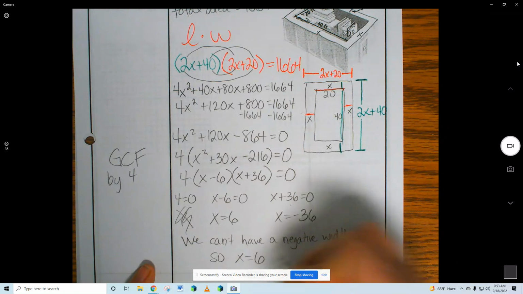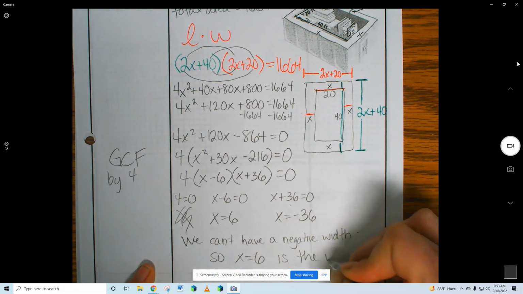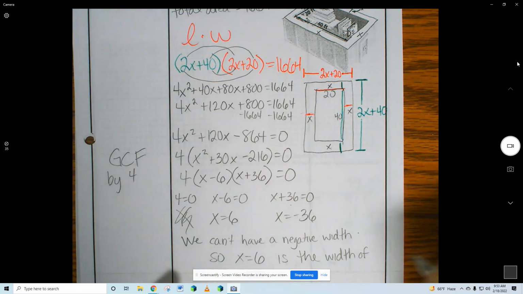So x equals 6 is the width. Like 6 feet.